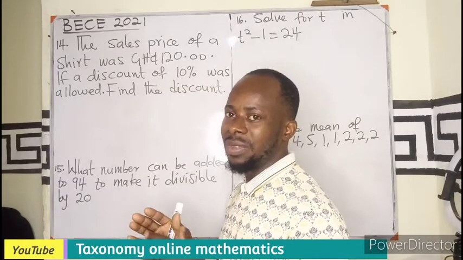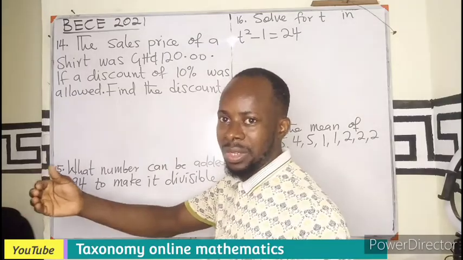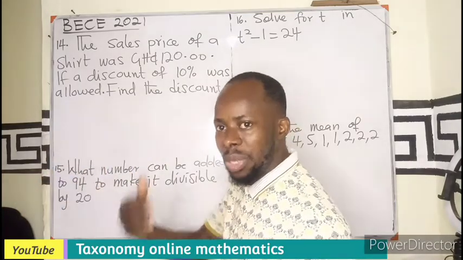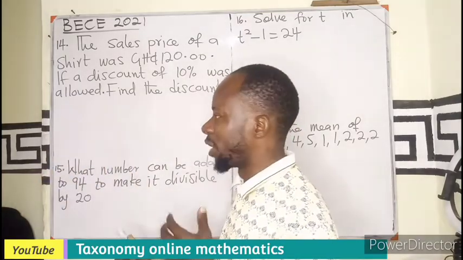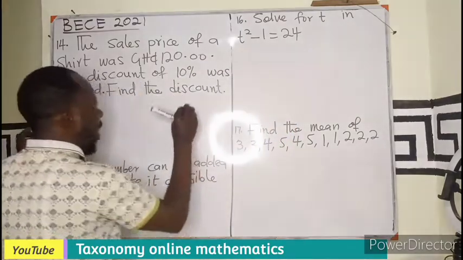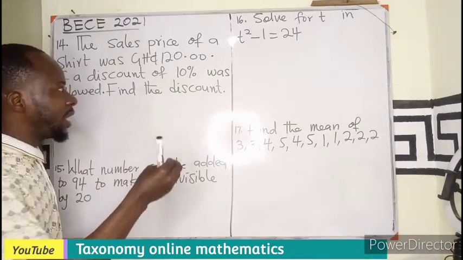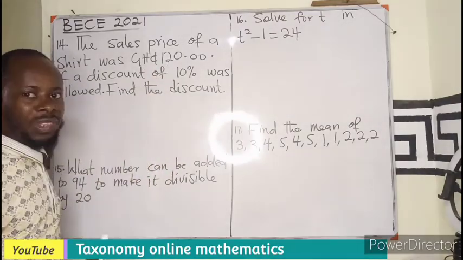You know, a discount is just a reduction in price given to customers to encourage them to purchase an article. So it is always a percentage given out. We are asked how much reduction in price of 120.